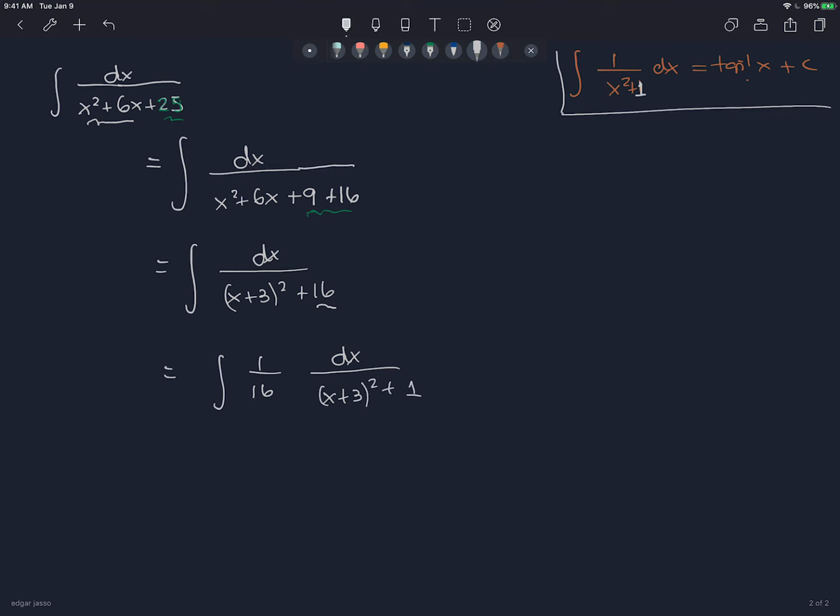Now this is not correct, because if I distribute this 16, this term doesn't give me what I had before. This one does, but the first term, I don't have it. So how do I fix that? Well, I fix that by, I'm going to multiply by 16, so I divide by 16.